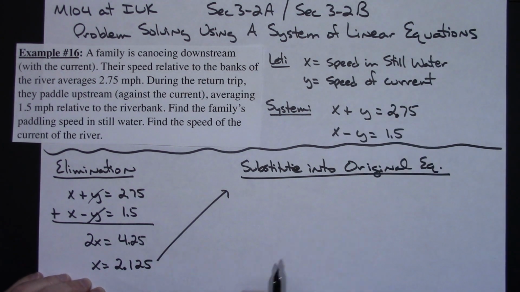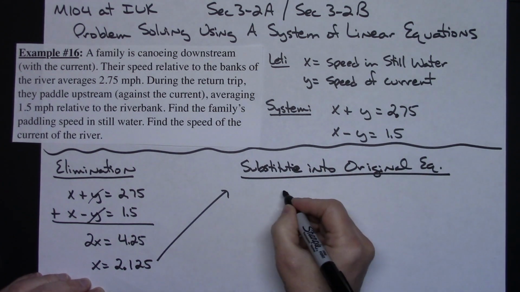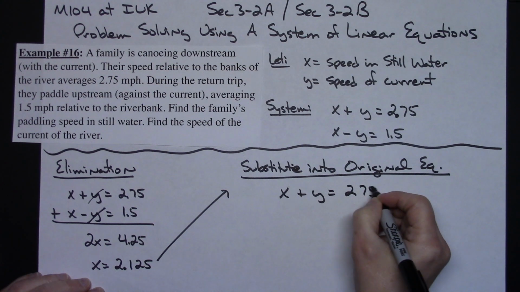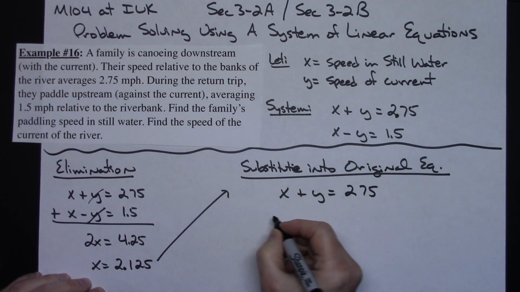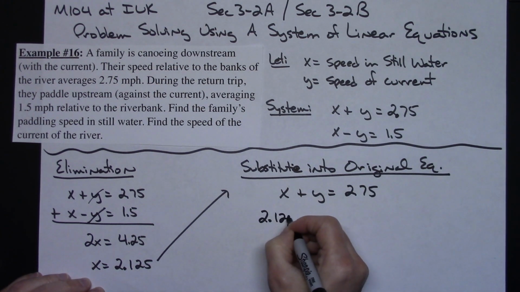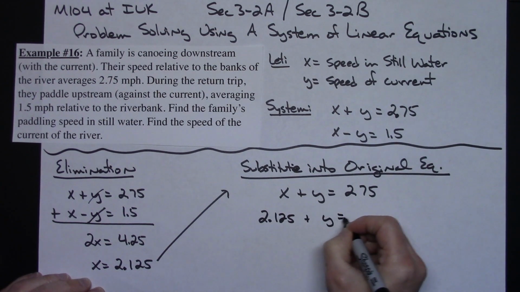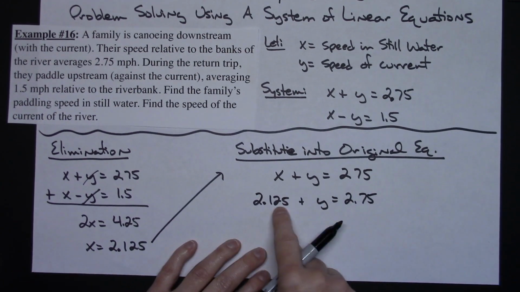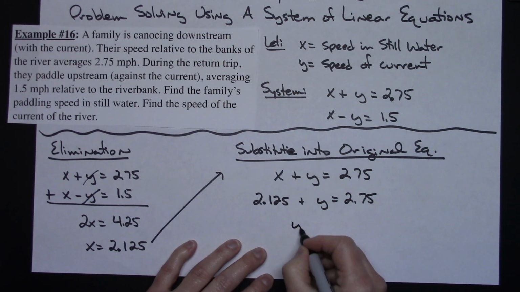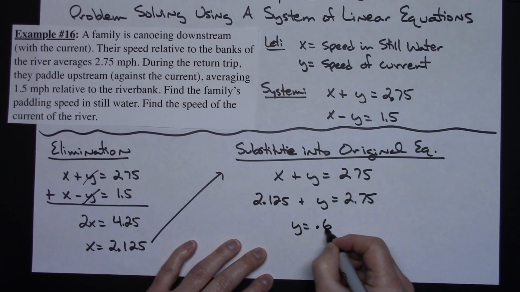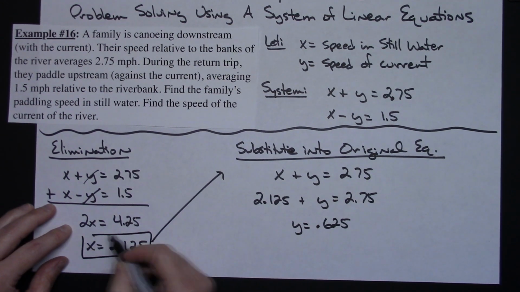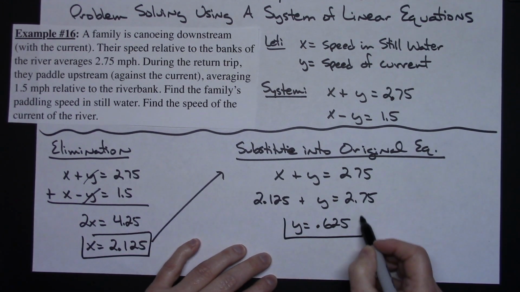In all honesty, it doesn't matter which one I use. I'm going to go ahead and use that top one. I'm going to do x plus y is equal to 2.75. I know what x is, so x is 2.125 plus y is equal to 2.75. I'm going to go ahead and subtract 2.125 from both sides of the equation. That's going to give me y equal to 0.625. So I know that this is my speed of the current.